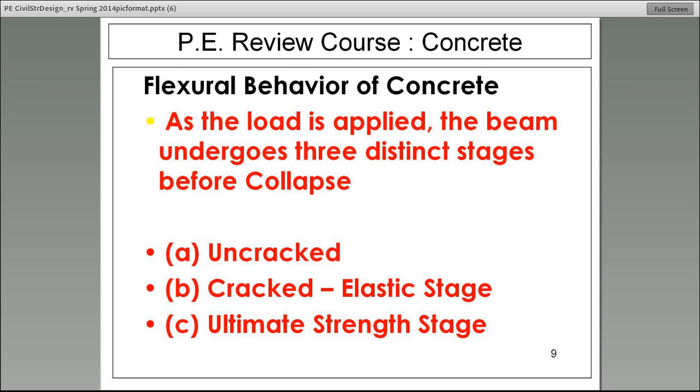And Joseph says sometimes gamma is used for unit weight. Yes, you're correct. W or gamma is used for unit weight, but gamma is usually used for soil, and for concrete it's customary to use W.